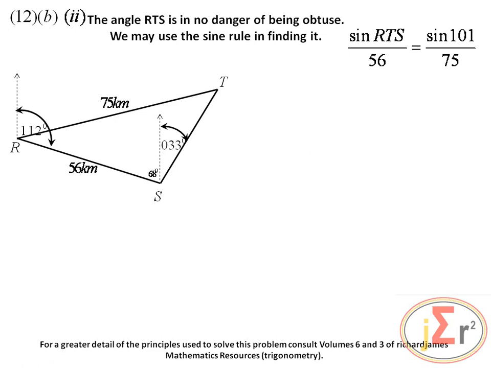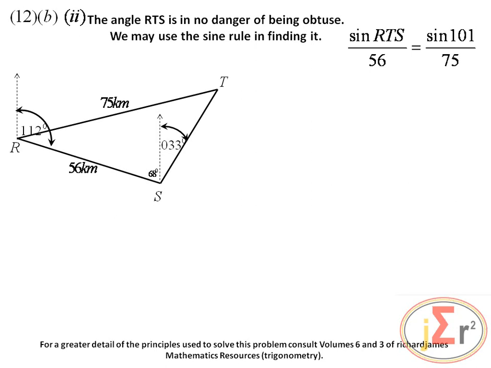In the case that we are sure that an angle is going to be less than 90, which is an acute angle, then we may use the simple sine rule to determine its value.